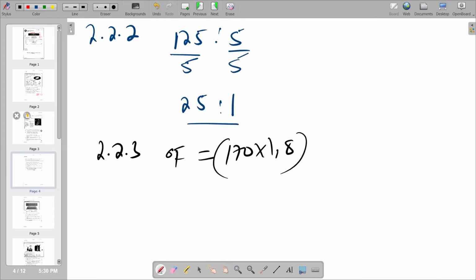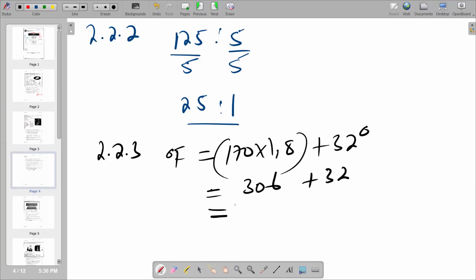And obviously, we are going to add the 32 degrees. So this is what we are going to get, 306. And then we add your 32. And then going further, you see that the final answer that you are supposed to get is going to be 338 degrees Fahrenheit. Remember, we are converting to degrees Fahrenheit. So basically, that's what we have as our final answer. So that's what we got for 2.2.3.